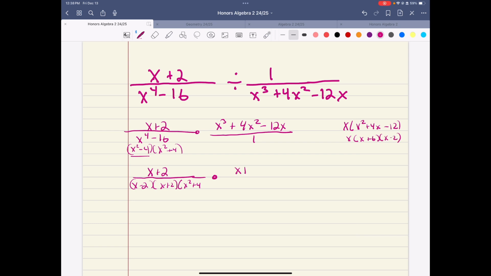So x times x plus 6 times x minus 2 over 1. So x plus 2 and x plus 2, x minus 2, x minus 2. So that leaves me with x times x plus 6 over x squared plus 4.